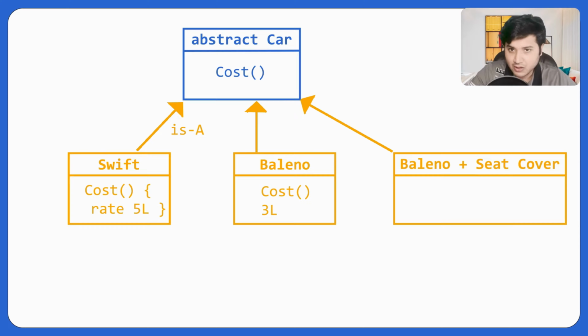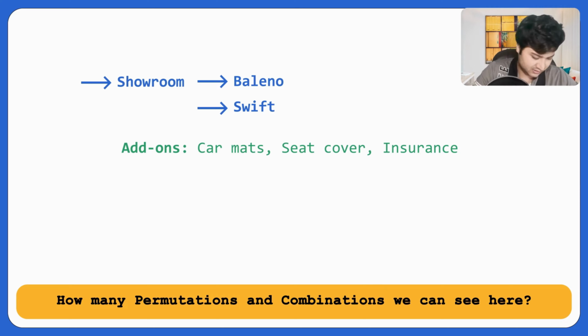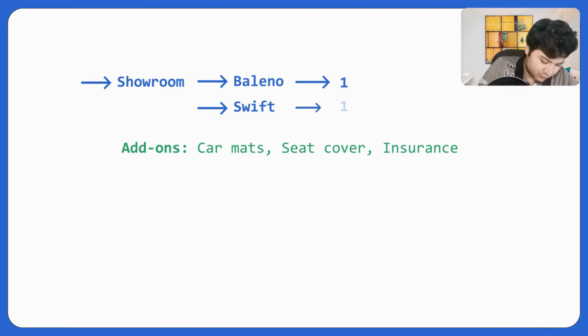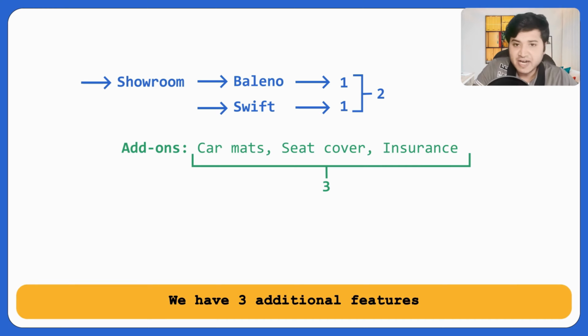Again, there are all different permutations and combinations over there. There could be Swift plus seat covers that will implement its own cost. So how many permutations and combinations can we see here? Right now there are two base cars and three additional features.